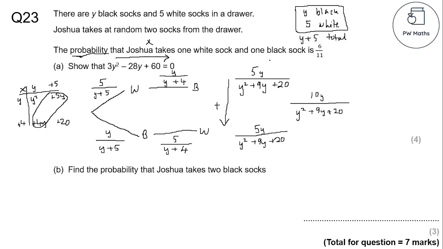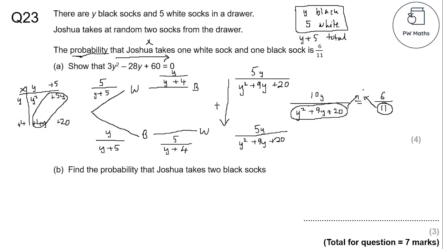Now, looking at the question, it says the probability Joshua takes 1 white sock and 1 black sock, which we've just done there, is 6 over 11. The 2 awkward things here are that bit there and that bit there. Nobody likes dividing, so we'll move them both.